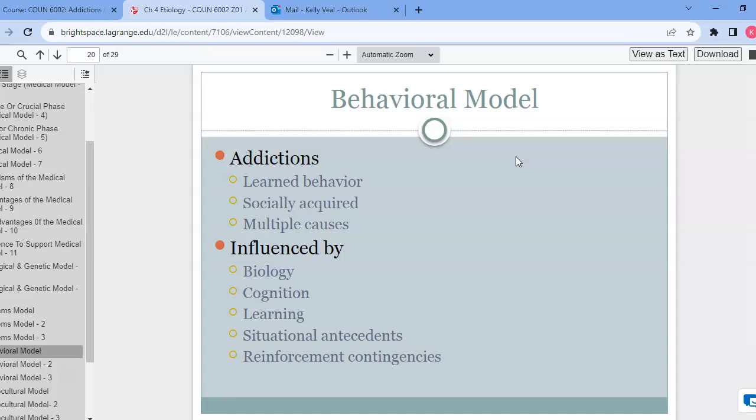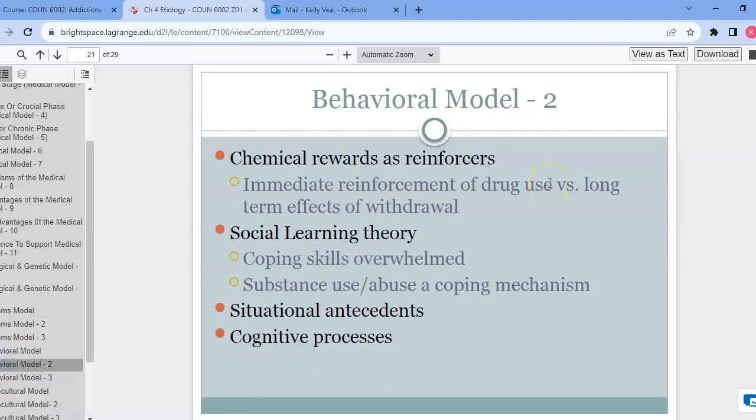It's all of it. And it's definitely learned behavior. There's a learning component, but it's also being rewarded, right, with the way you feel. I'm getting ahead of myself, aren't I? Let's see, here we go. So you're rewarded in your brain. And then there's social learning theory, right? This helps me feel better. I can react differently.